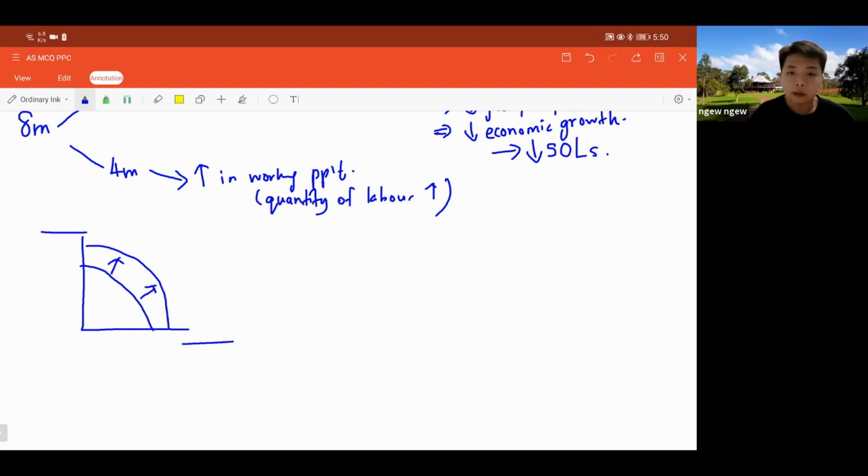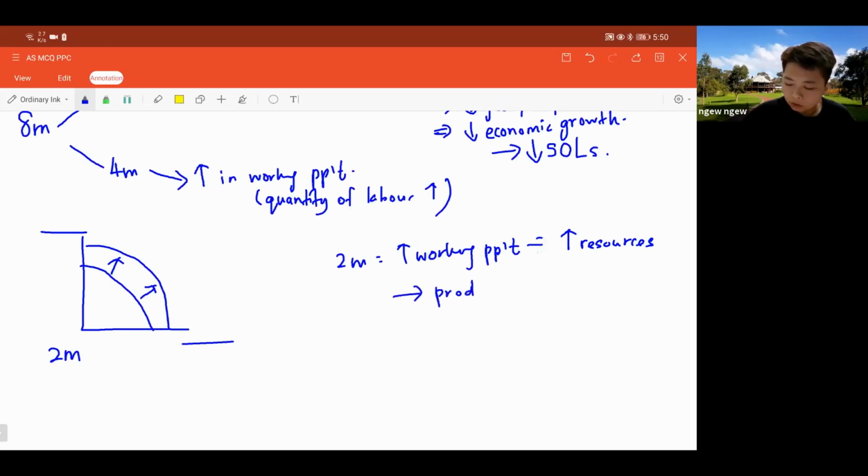Labor. Okay, and since the question asks what is the impact, right? So 2 marks are given to diagram, and 2 marks are given to your explanation. What kind of explanation? First of all, you mentioned when you have a rise in working population, this indicates you have higher amount of resources in your country, and indicate the keyword, which means the country has now having a rise in their productive capacity or productive potential.